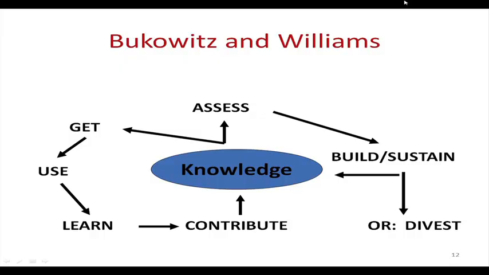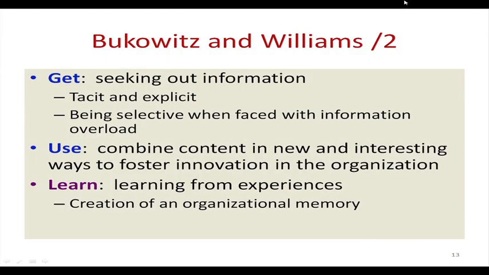Now, if you look at the explanation for this, it says that get, use and learn, the first part, okay, that is acquire the knowledge, seeking out information where the knowledge is available, whether the knowledge is available in tacit form or whether it is available in explicit form. Okay. Now, you have to be selective when faced with information overload.